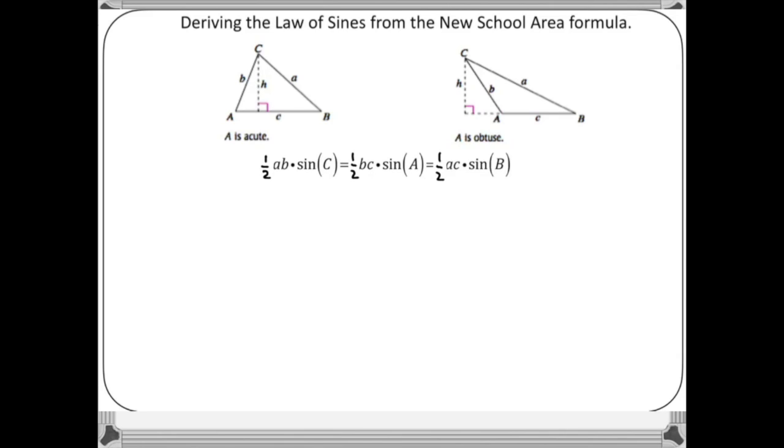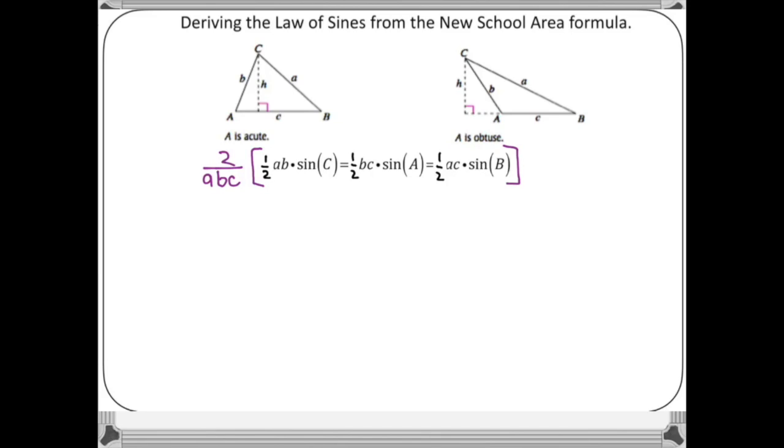To derive the law of sines, we're going to do something kind of tricky. We're going to take this extended equality and multiply the entire thing by 2 over ABC.